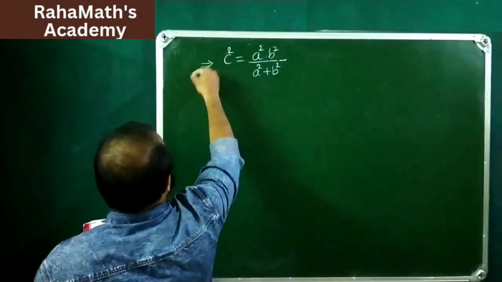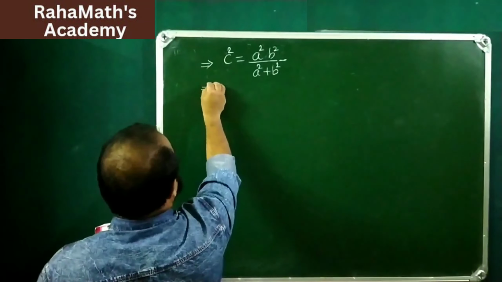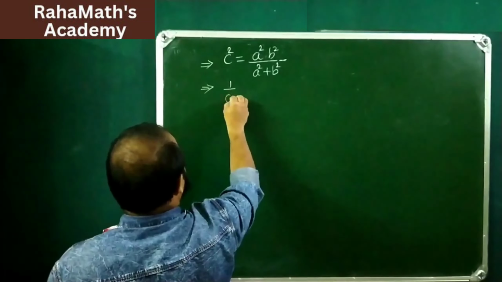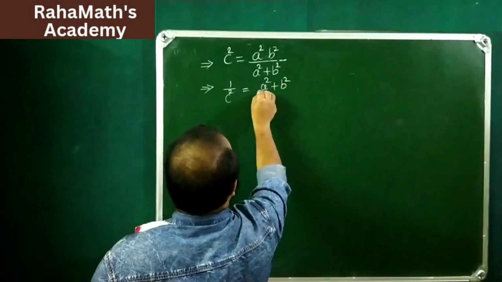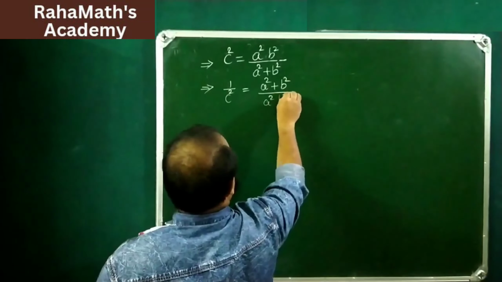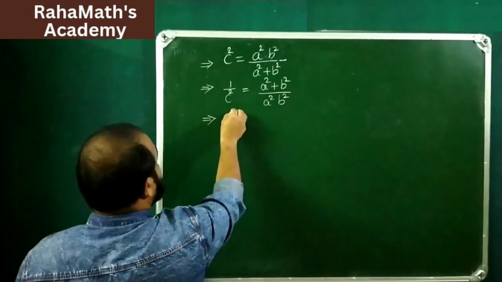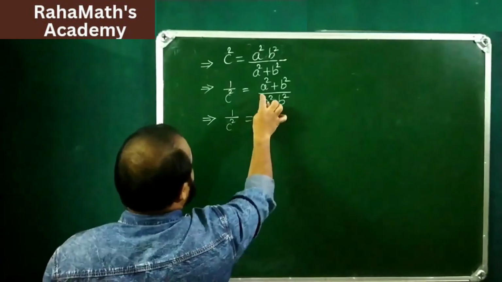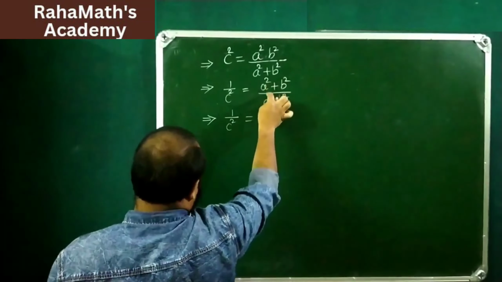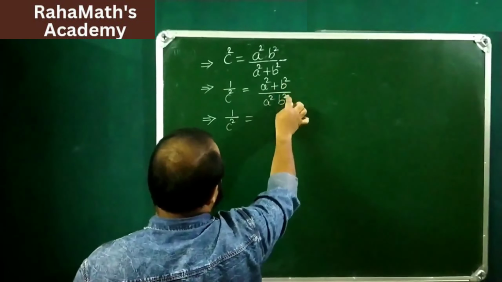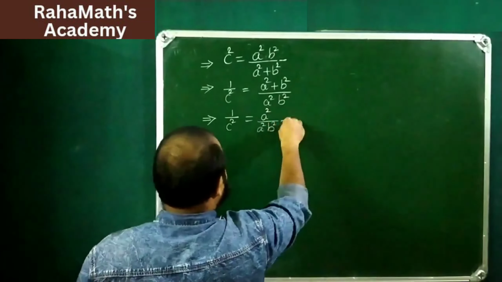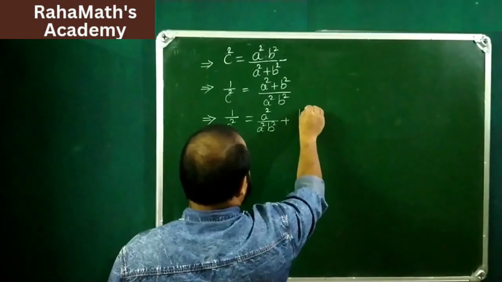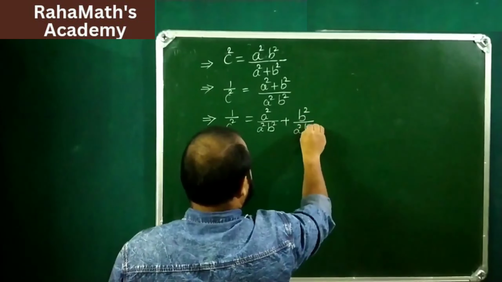That implies, if you revert this, 1 by c squared equals a squared plus b squared by a squared b squared. This is 1 by c squared equals a squared by a squared b squared plus b squared by a squared b squared.